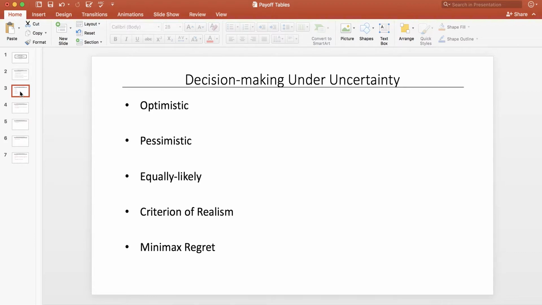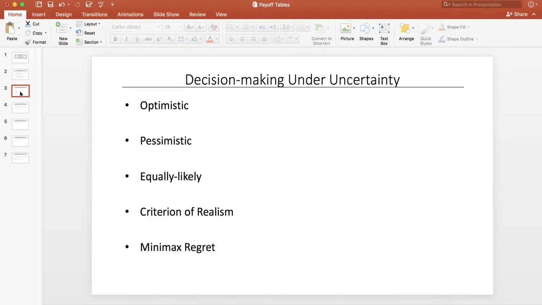So what this means is, in some cases, we are going to identify our decision alternatives and we are going to identify several possible outcomes for these decision alternatives, and we won't know the probabilities of these outcomes. We don't know the probability that the market is going to be favorable, we don't know the probability that the market is unfavorable, or you could say, I don't know the probability that the demand will be high for the store. So these situations are called decision making under uncertainty.